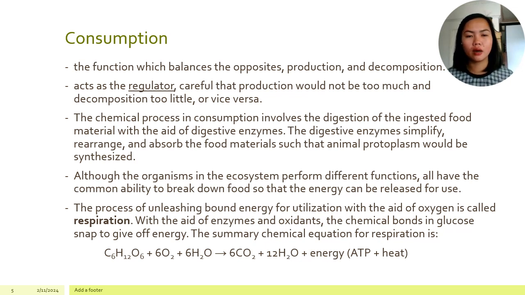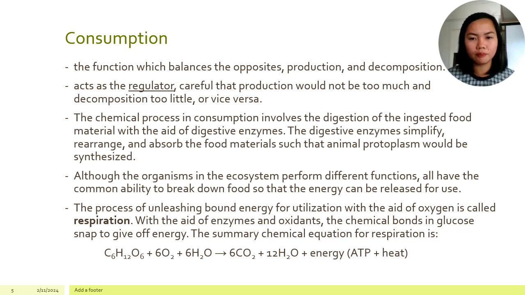The chemical process in consumption involves the digestion of ingested food material with the aid of digestive enzymes. These digestive enzymes simplify, rearrange, and absorb the food material such that animal protoplasm would be synthesized. So that is the production part.